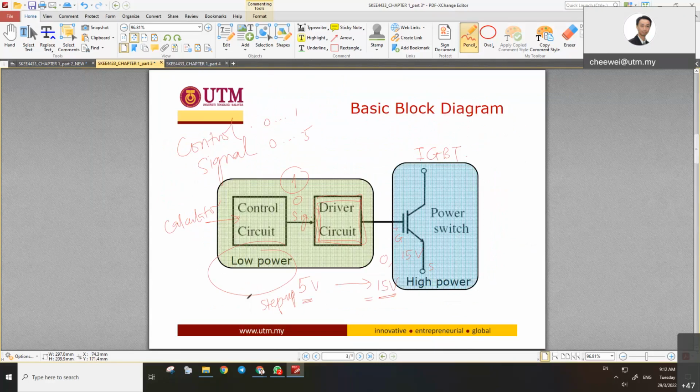But then you need to turn on the specific switch, depending on what switch you are using. You need to select the correct driver circuit to match the switch, right? Because the control unit is giving you low voltage, you need to step up the voltage to the appropriate level using the drive circuit.